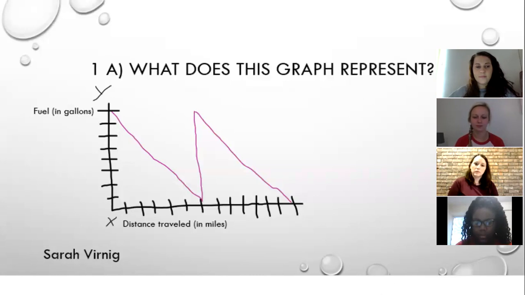And you can see at one point, the graph stops and it goes straight up in a vertical line. What that represents is that they have stopped and they are refueling. And as soon as they refuel, they have those 28 gallons of gas again. They're on their way, and it shows once again that downward slope, which represents the distance is increasing and the fuel is decreasing.